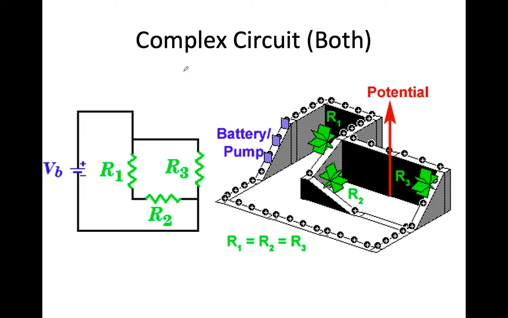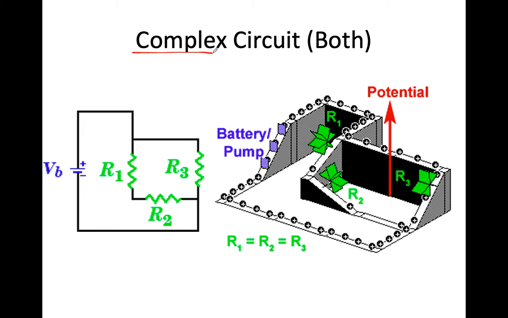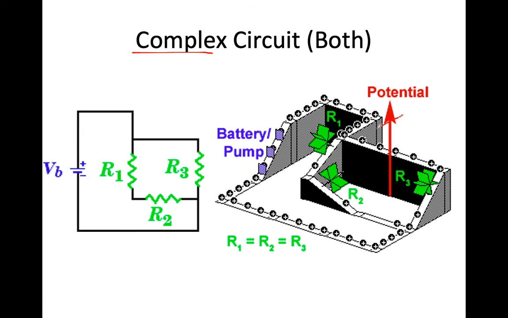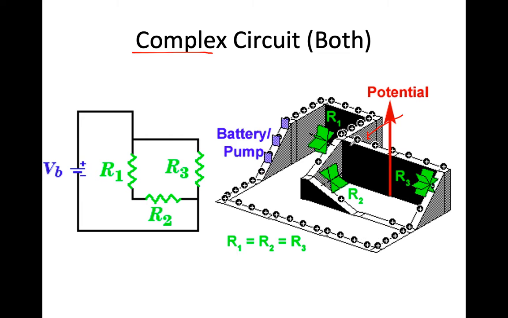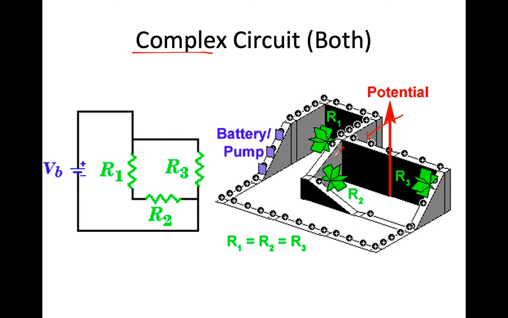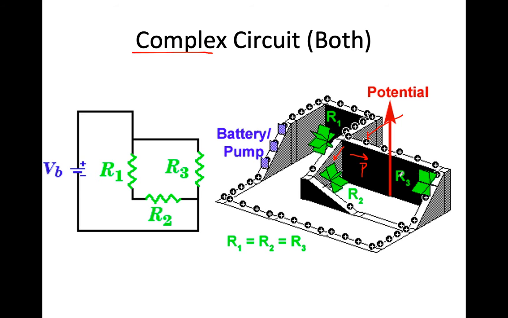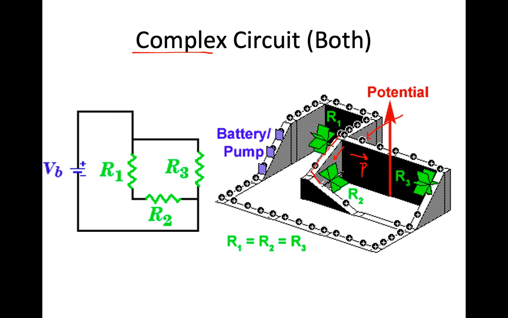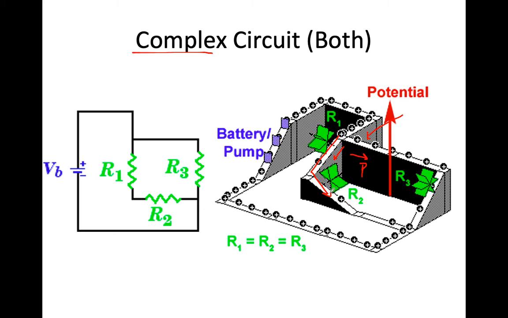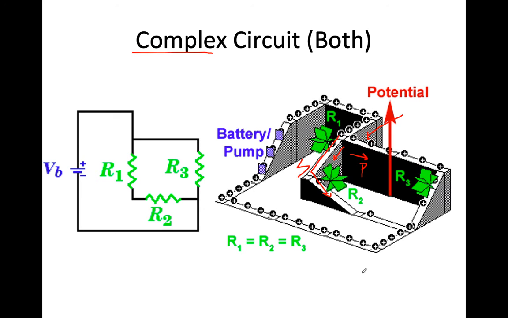All right, complex circuits, just real quick. A complex circuit has both. If you look here, as it comes down, you have a choice. Whenever you have a choice, I could go left or I could go right, that's a parallel. I'm going to put a big P here. That's a parallel circuit. Looks like a D, we'll put a P there. But anytime you go down a path and then you have to go down the same path and hit another resistor, that's a series circuit.